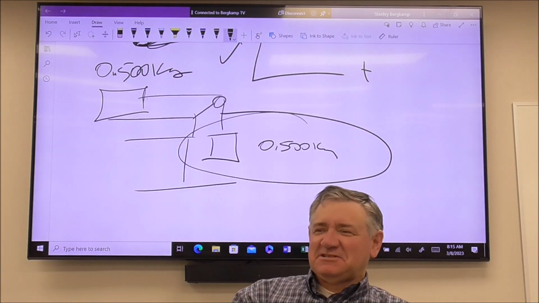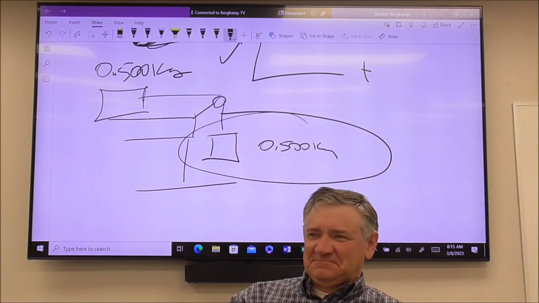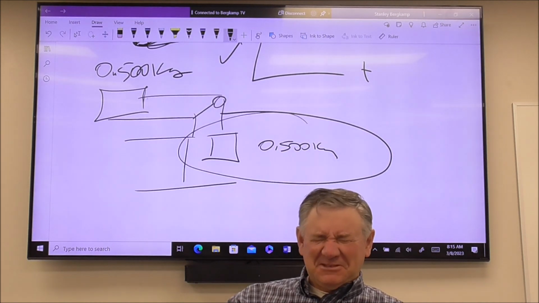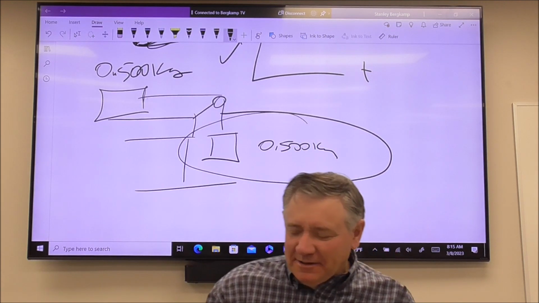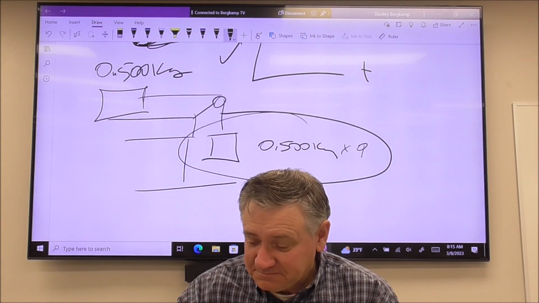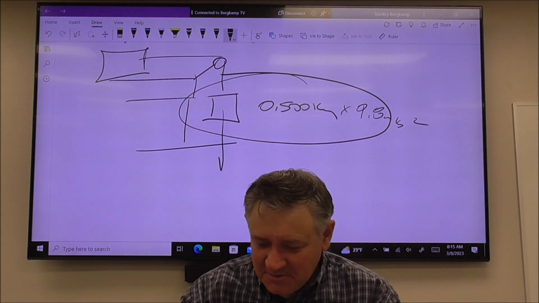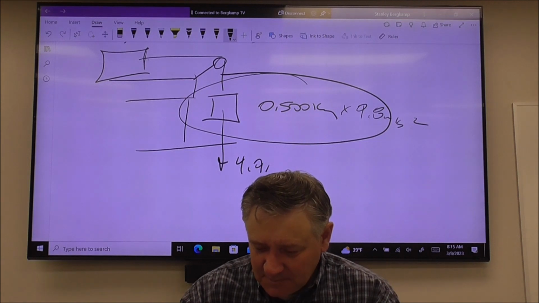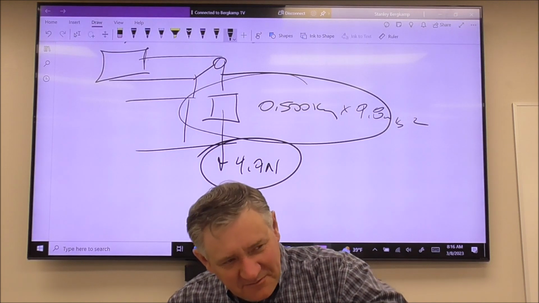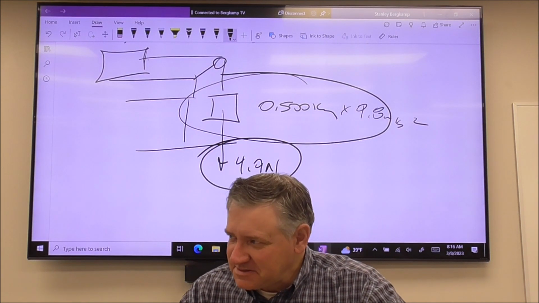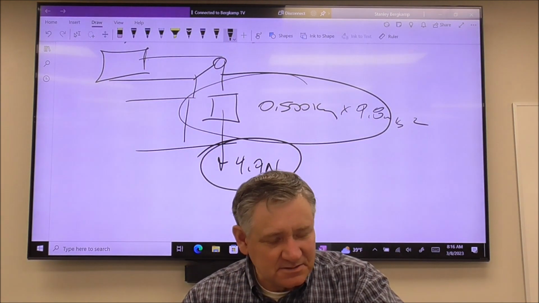How about my gravitational acceleration? It's literally worked out to mass times gravity. Okay, but I know what you meant. How about by 9.8 meters per second squared? And we're going to get 4.9 newtons. Okay? That is the only force available to make the system move. Okay? That's it, nothing else.